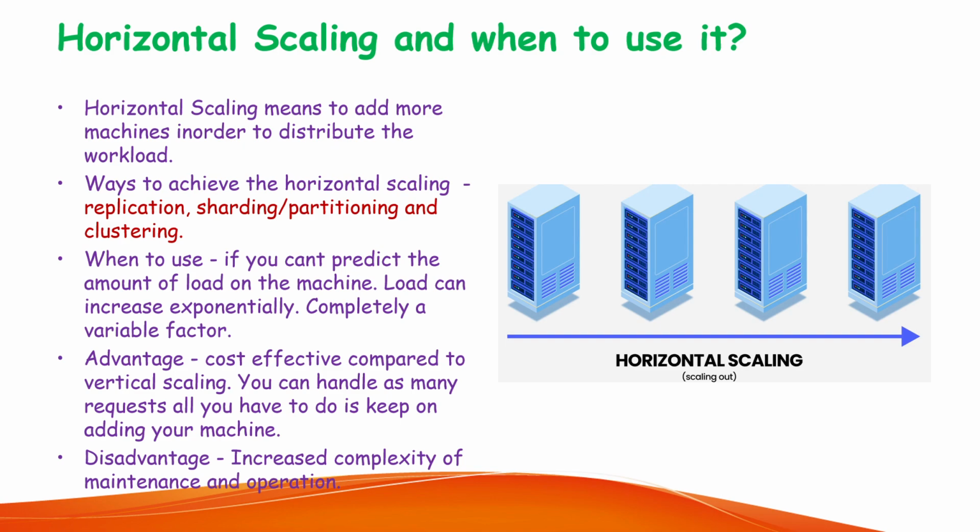Now, how do we achieve this horizontal scaling when we say there are multiple nodes? Are we going to keep the same code deployed on all these machines? If my single laptop right now has the database as well, how is the data going to be stored when there are multiple nodes? All those questions come into the picture. So we'll be discussing some important concepts like replication, sharding, and clustering.